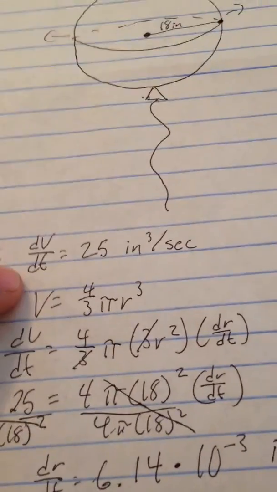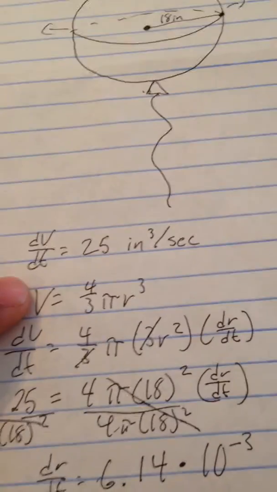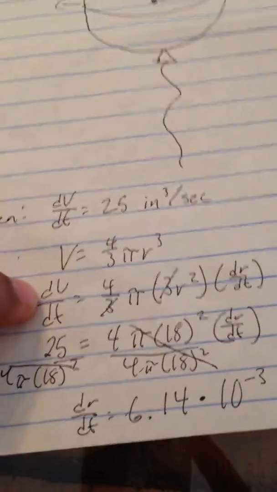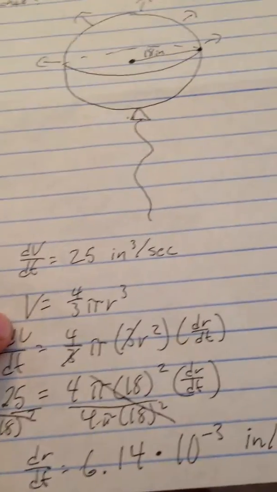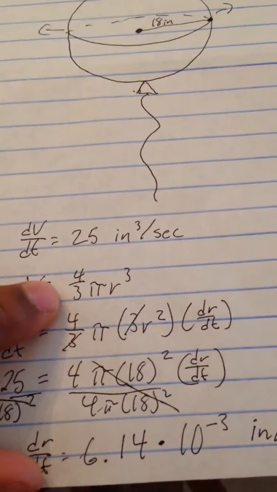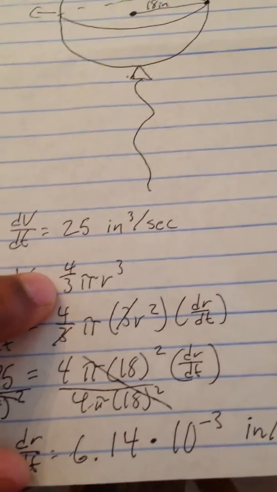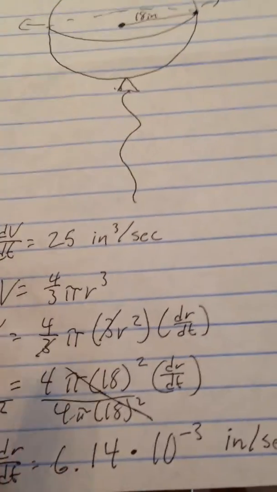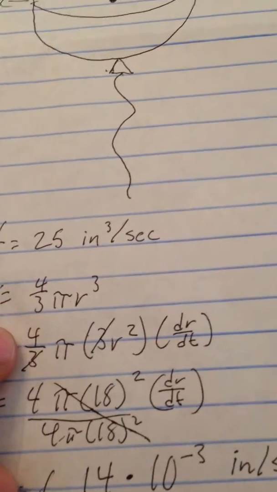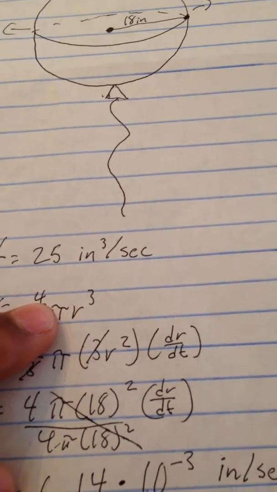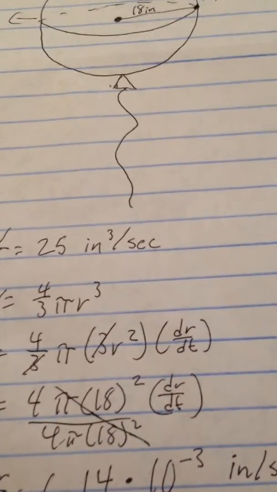So to take the derivative, we put dV/dt. And then here we have 4/3 pi r cubed. And 4/3 pi can be thought of as a single number because it is a constant and it doesn't change, so it's not a variable. So we won't be taking the derivative of that, we just bring it down, 4/3 pi. And then our variable is r here, and we are taking the derivative with respect to t.